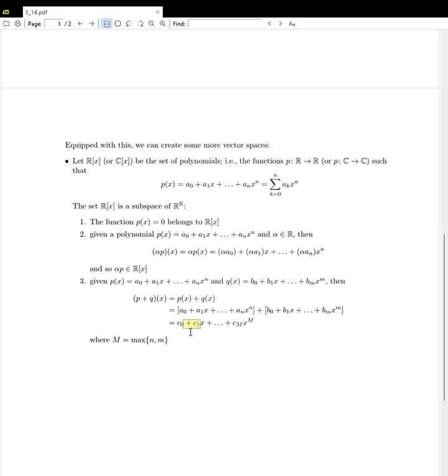Now if you want some explicit formulas for the coefficients, you can do that, but it's easy enough to verify that when we add these two, it's going to collapse down to a polynomial, where the power we see here will be whatever's bigger between n and m. Alright, nice. Alright, so consequently, it's closed under adding. Alright, sweet. So there we go. The set of polynomials is, in fact, a subspace of our vector space of real-valued functions, and thus we know now that this is a vector space that we can work with. Exciting. Alright, let's get another example.